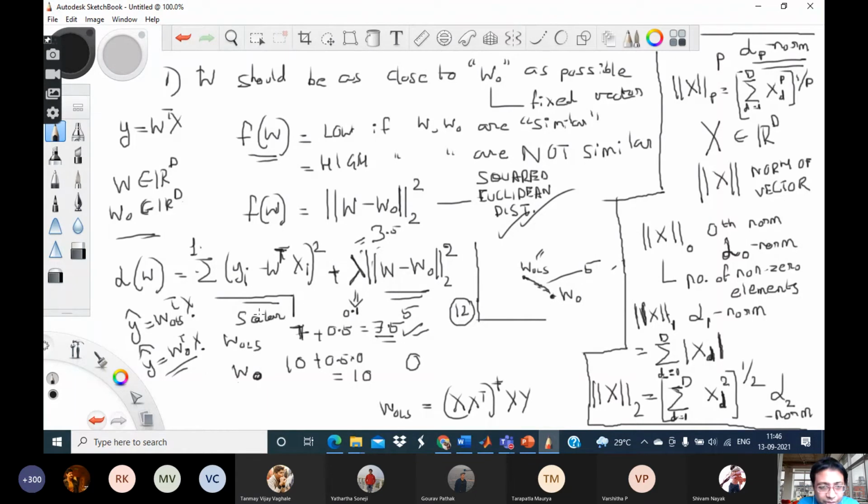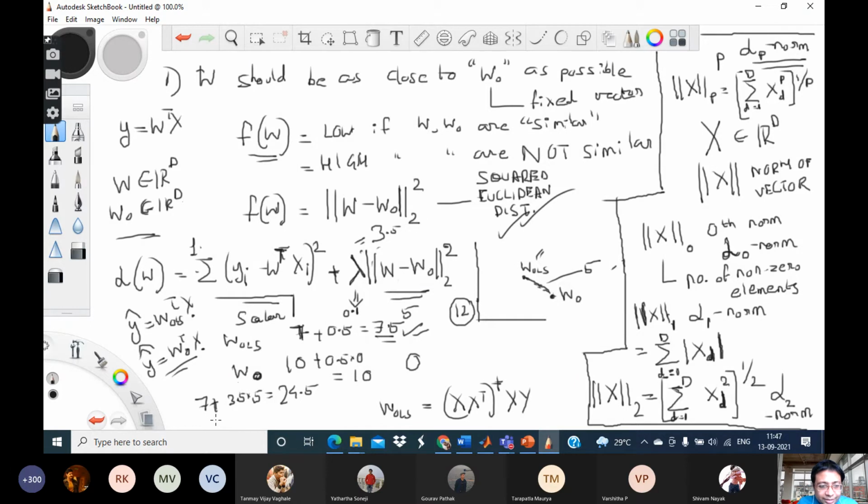So similarly, what happens if I choose lambda equal to 3.5? In that case, the loss in the first case is 7 plus 3.5 into 5, so this part becomes 17.5, this part is 7, so I get 24.5.